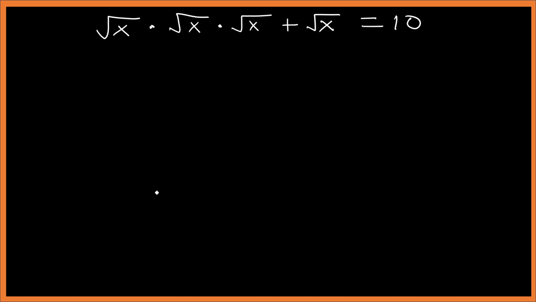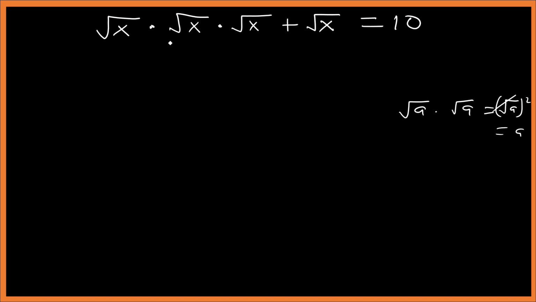Alright, so let's see how we can solve this question. So we have square root of x times root x times root x plus root x. Now, first of all, let's understand that square root of a times square root of a gives us square root of a all squared, and it will cancel, it will be a.